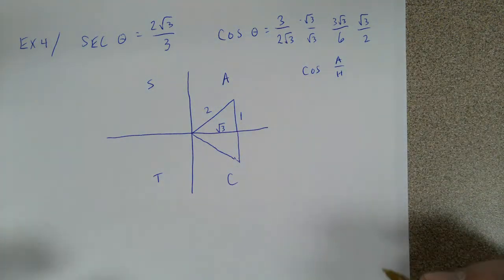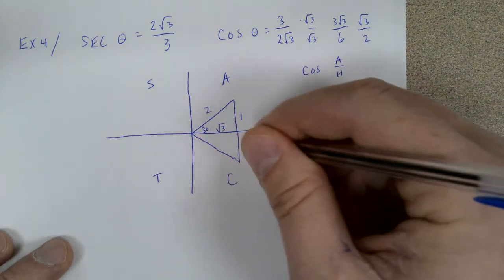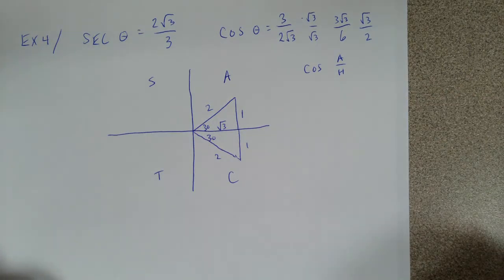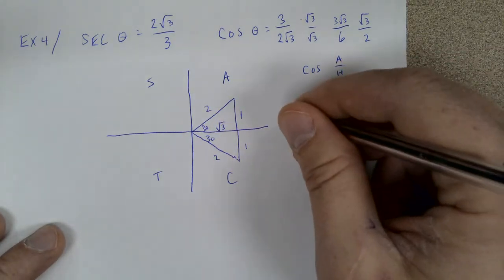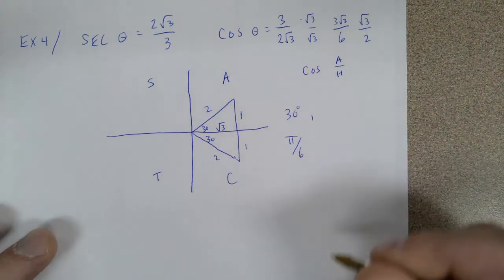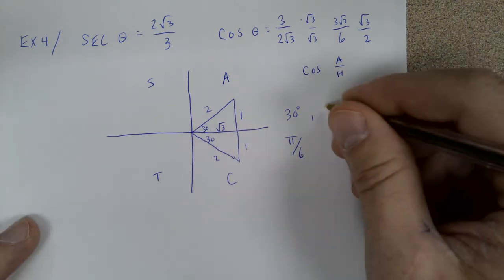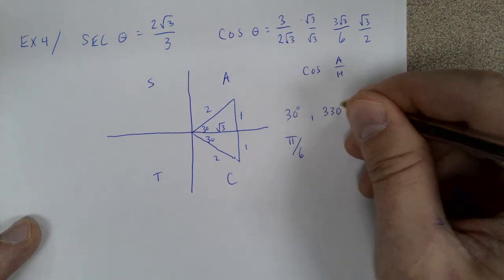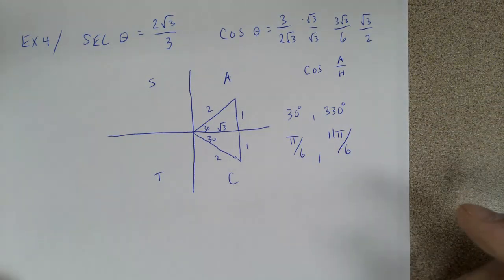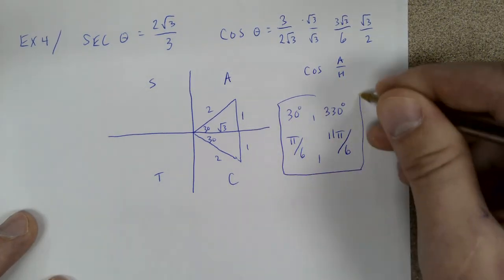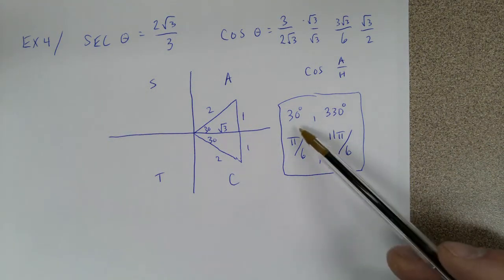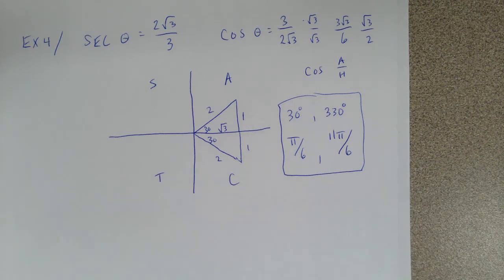So this tells me that I've got a 30, 60, 90 triangle. In terms of finding theta, one of them is going to be 30, which is pi 6. And if I go all the way around, that's going to put me at 330 degrees, which is 11 pi 6. So for the secant of 2 radical 3 over 3, theta is pi 6 and 11 pi 6.